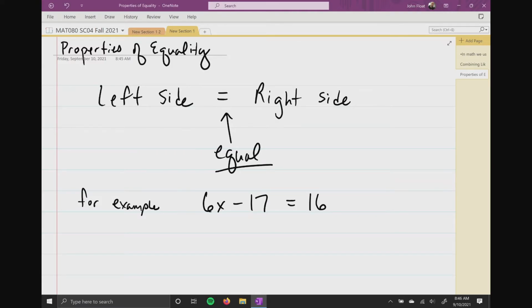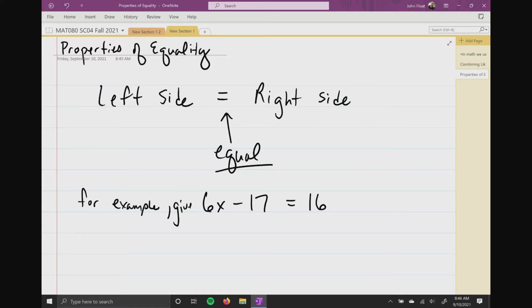What I'm saying is these two sides of the equation are equal. 6 times x minus 17 is equal to 16. Now, sometimes I will say solve for x. Kim, you're familiar with that. Sometimes I may say this question.